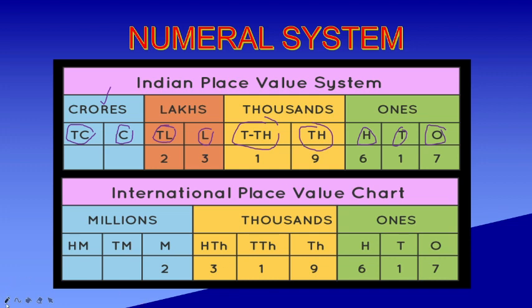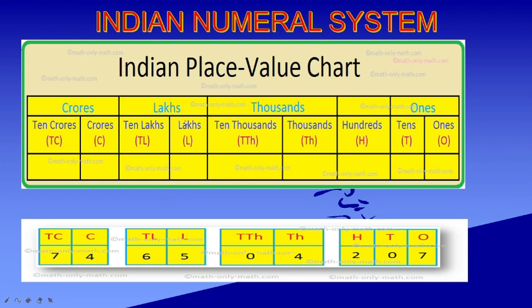After that, we will see the international numeral system. This is the Indian place value chart. Here we see what this Indian place value chart is. So as we discussed earlier, the ones period is divided into three places, ones place, 10th place and 100th place.